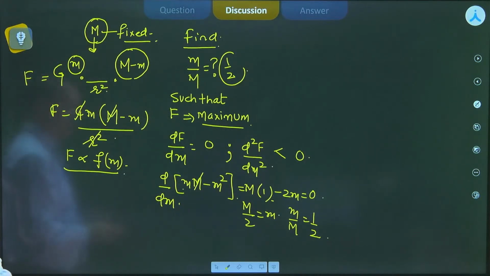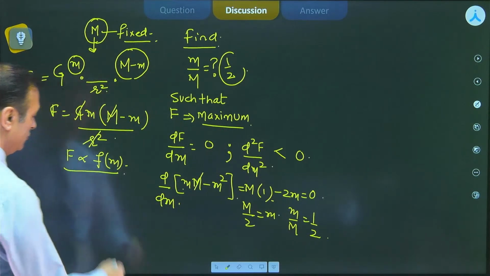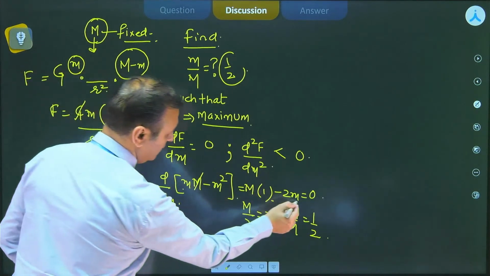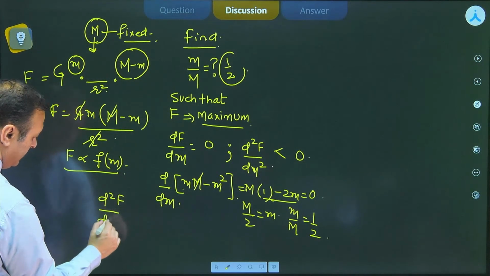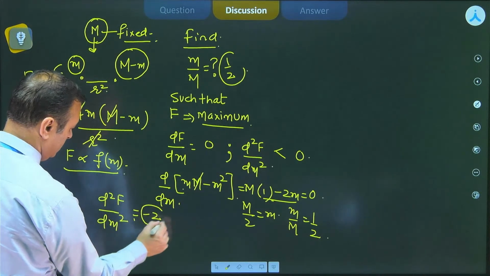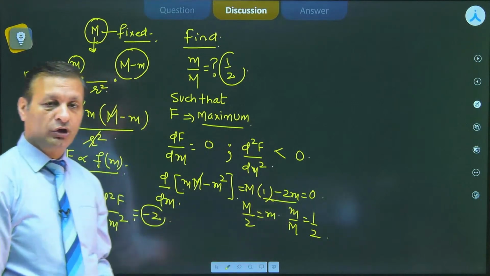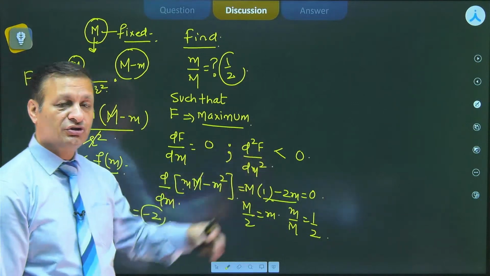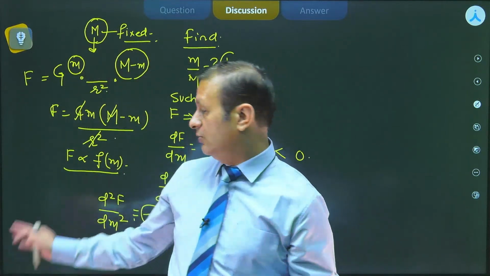Got it? But please check the second order derivative. So the second order derivative for this part, d square f by dm square, gives me -2, which is a negative value, less than 0. So no doubt, it satisfies the relation. For force to be maximum, the second order derivative has to be negative, and that is confirmed.